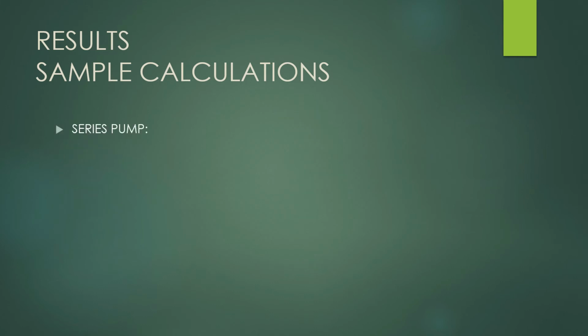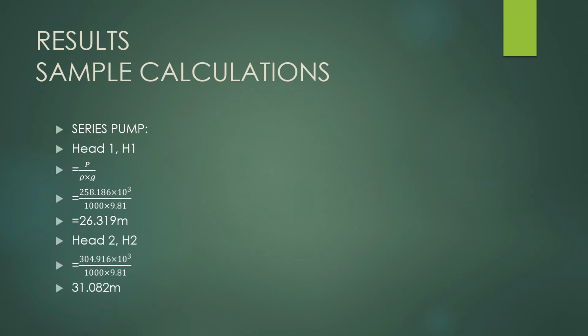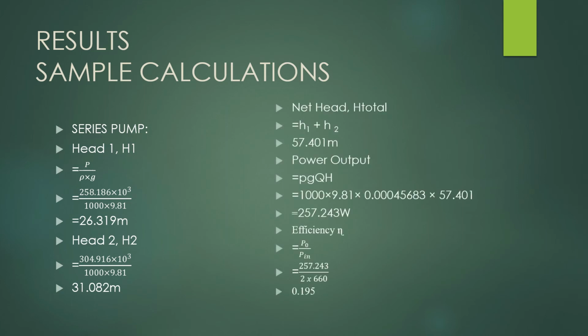So for the series pump, there are two heads. So there's head 1 and then there's head 2. Then we have to find the net head, which is H total, which is H1 plus H2.